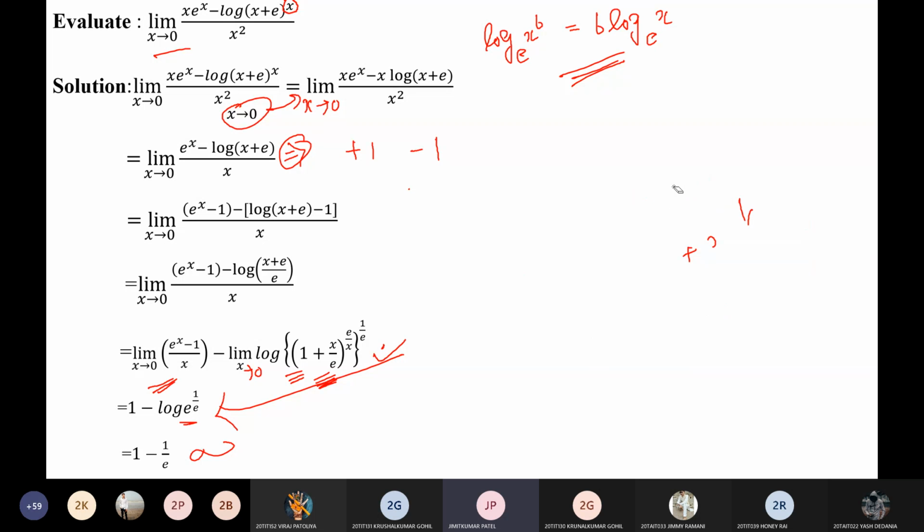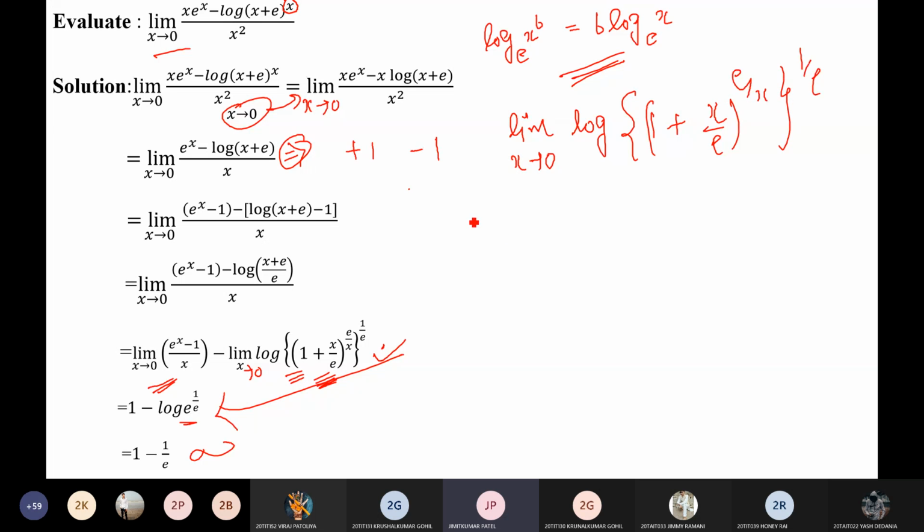Okay, so we can see here. Now what is my step before that? Limit x tends to 0 log 1 plus x by e raised to e by x, 1 upon e. Is it visible? Yes sir, yes sir.